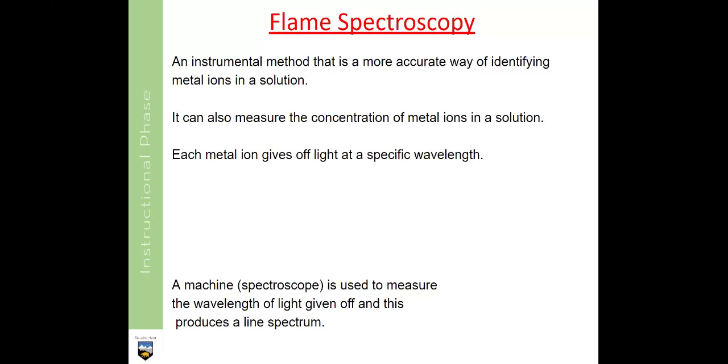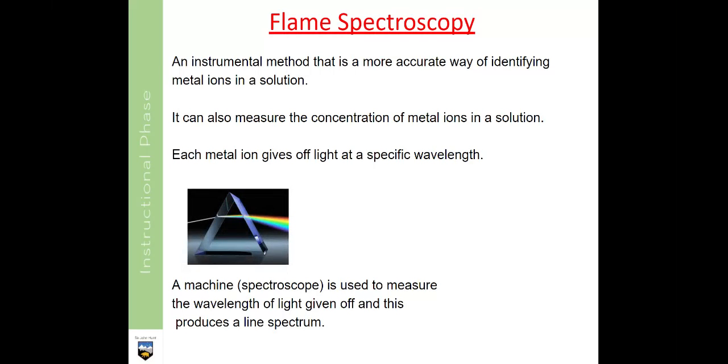Now, remember, from flame tests, we know that each metal ion will give off light at a specific wavelength, and that's why it appears to be a certain colour. Now, if you remember rightly, white light can be split up into the visible spectrum, the colours of the rainbow.